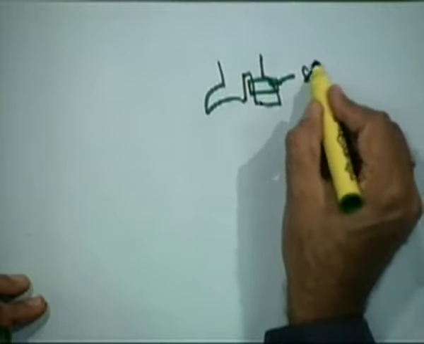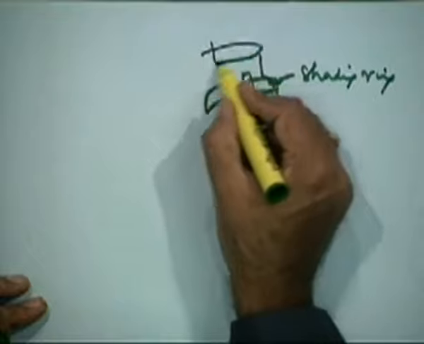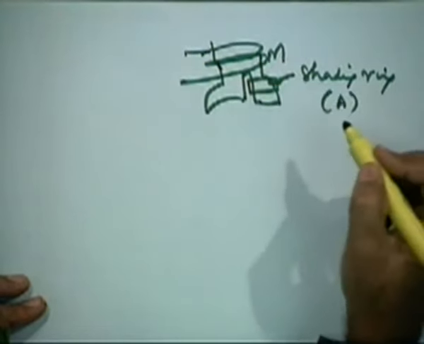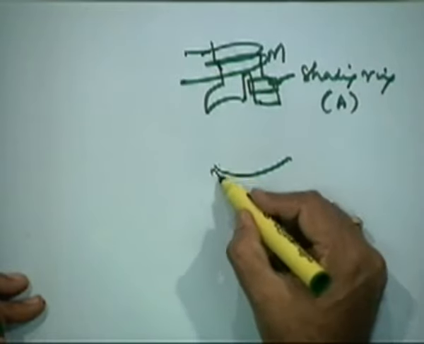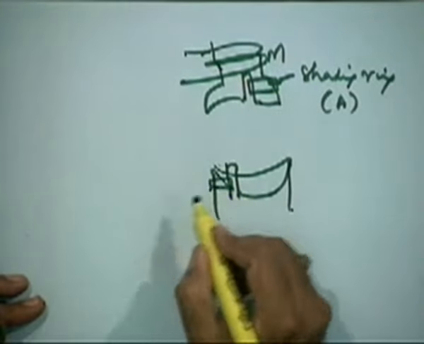This is called a shading ring. There is a main winding that will go like this, the M winding. There is another pole similarly like this, with another ring like this.